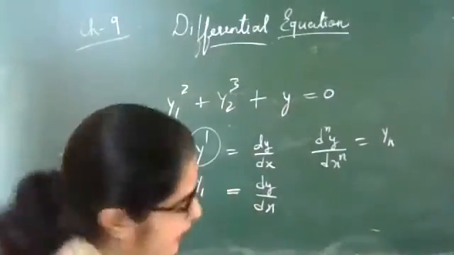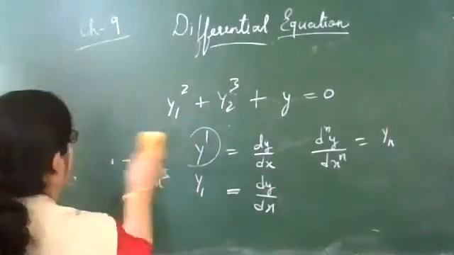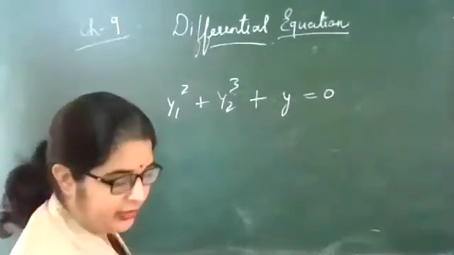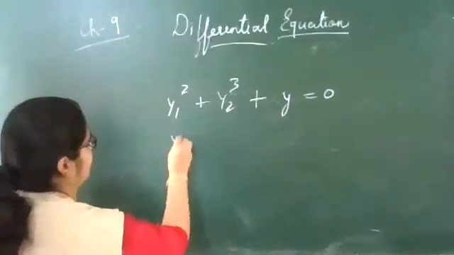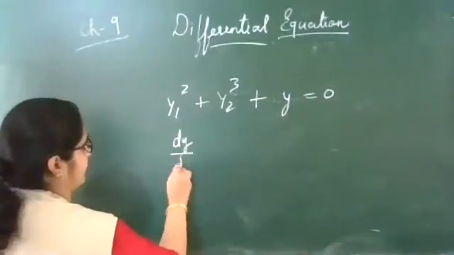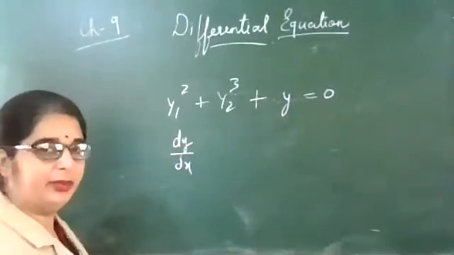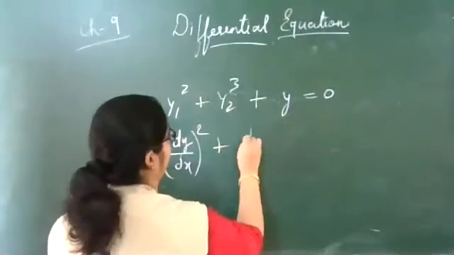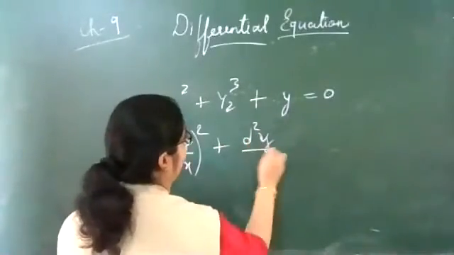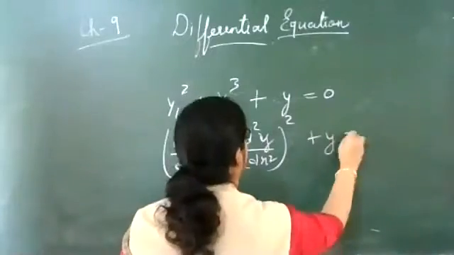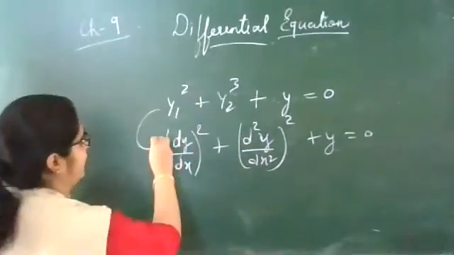So now just see. If I write this differential equation: y1 square, where y1 is dy by dx, whole square, plus y2 square, where y2 is d square y by dx square, whole square, plus y. This is the same differential equation.